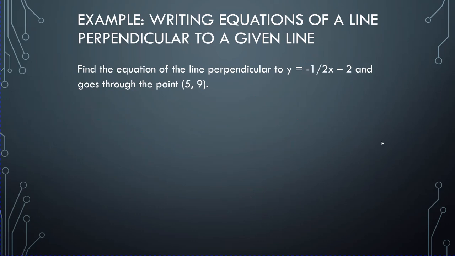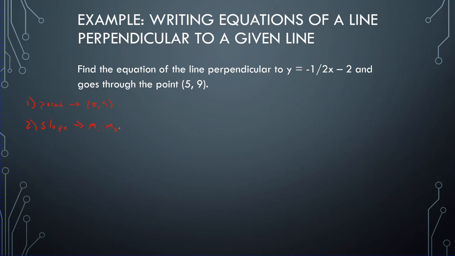Find the equation of a line perpendicular to y is equal to minus 1/2 x minus 2 and goes through the point 5, 9. All right, so again, you got the point. What you need to do is find the slope, though. But I know they're perpendicular.